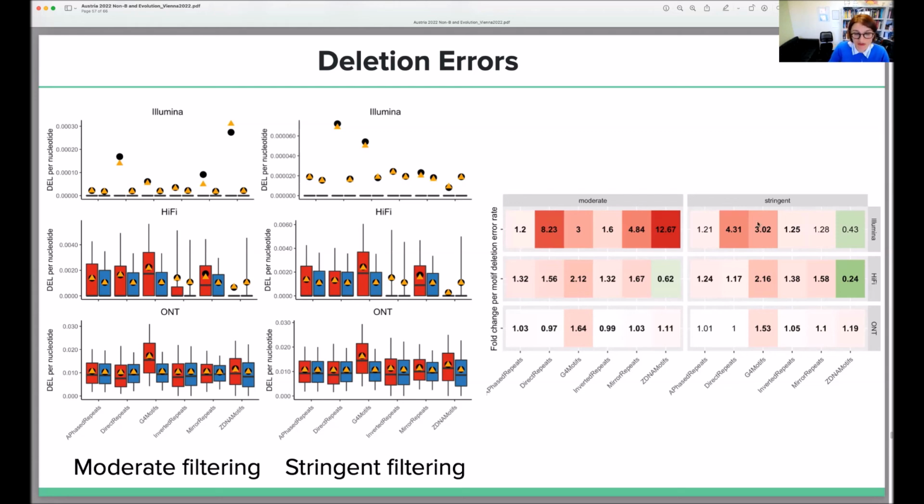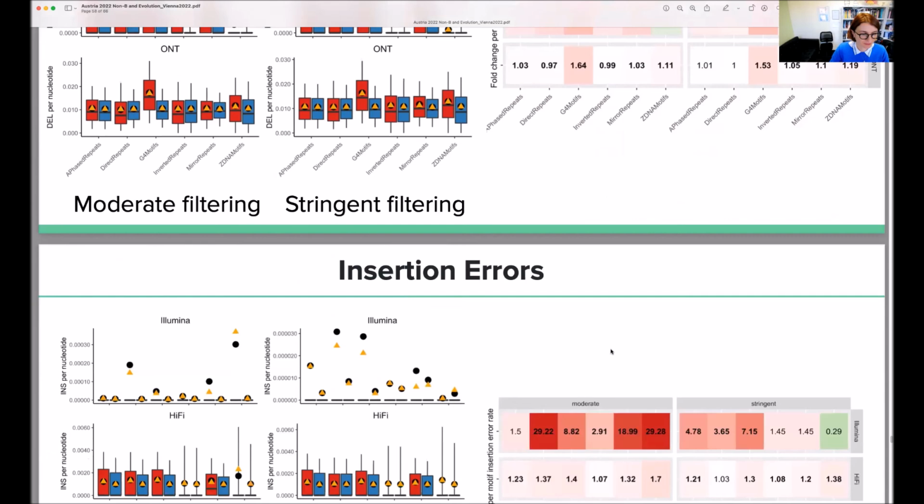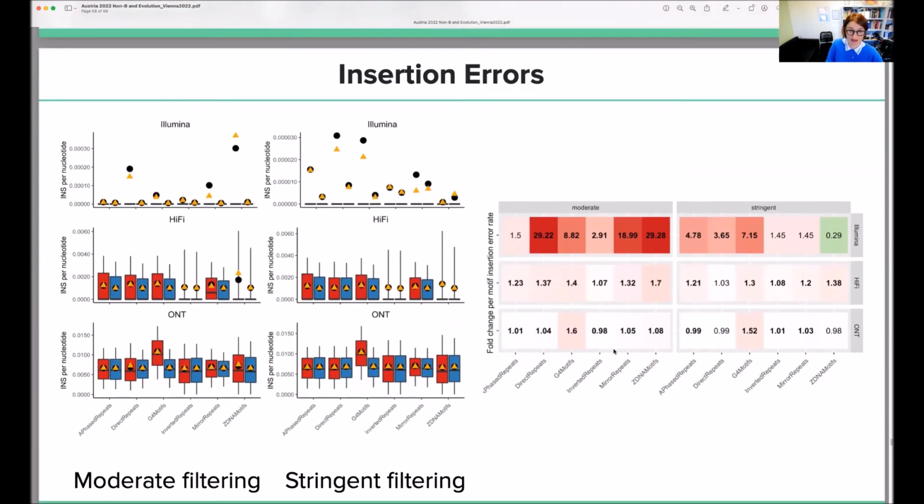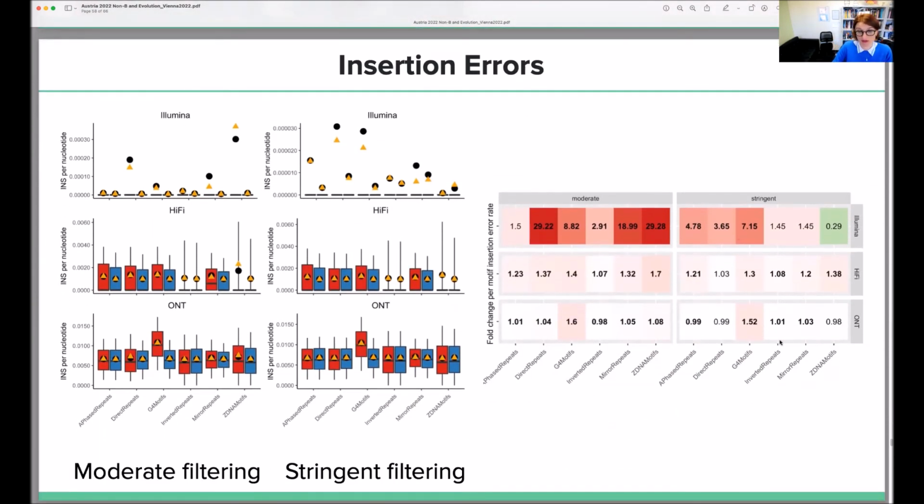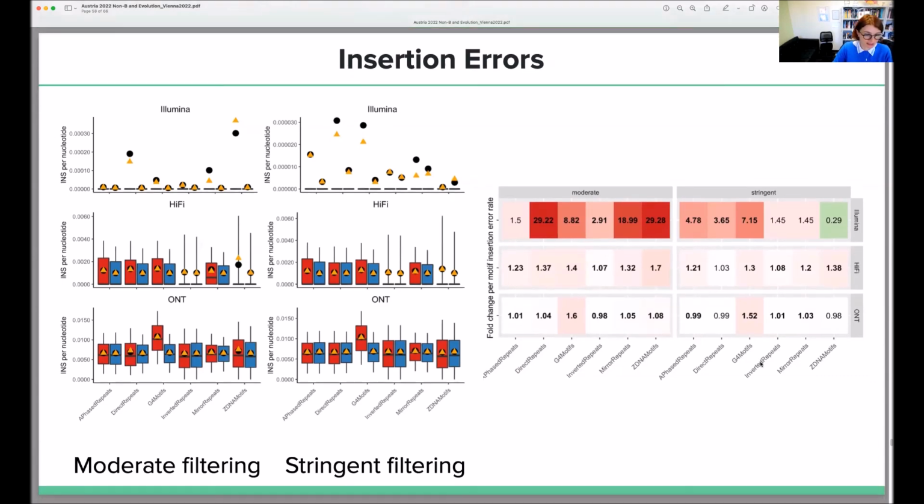With stringent filtering, direct repeats and G quadruplexes are elevated in Illumina sequencing. Hi-Fi PacBio is also affected by the presence of these motifs. Insertion errors as well, even for stringent filtering, especially in Illumina, might be affected by the presence of non-B DNA. So we are still working on this.